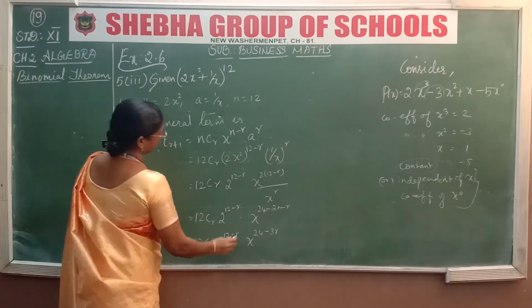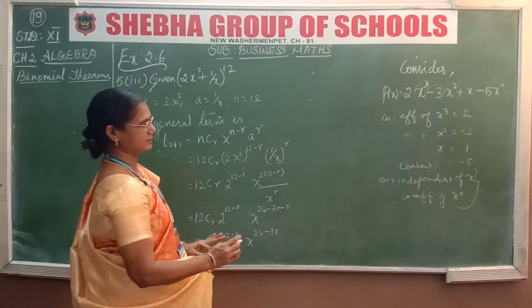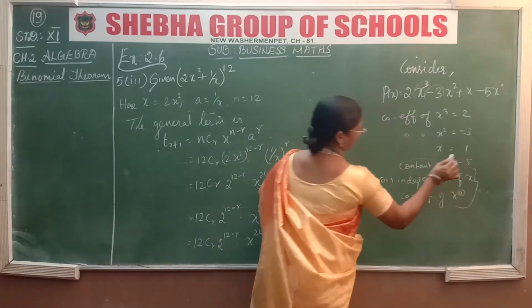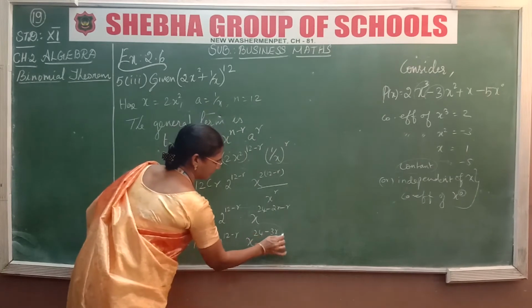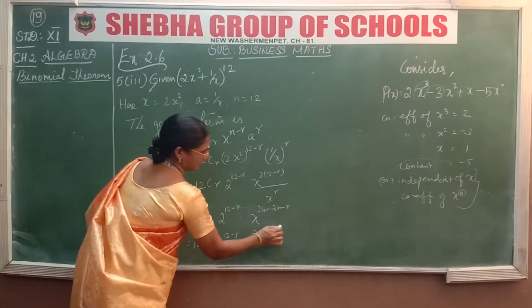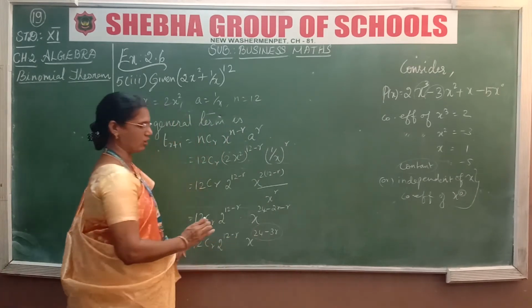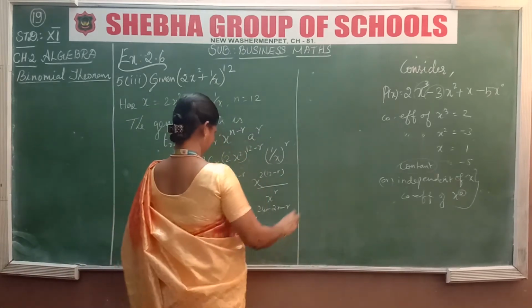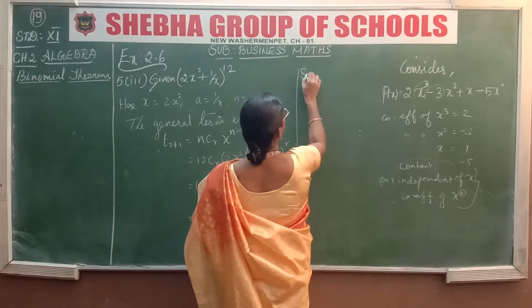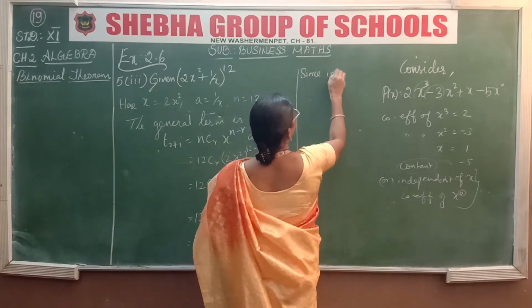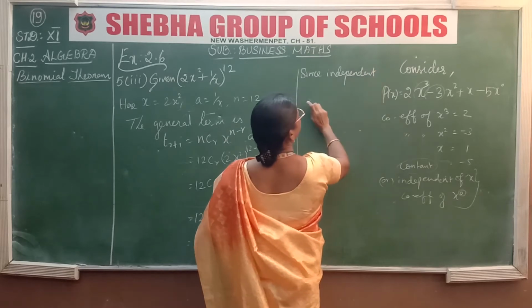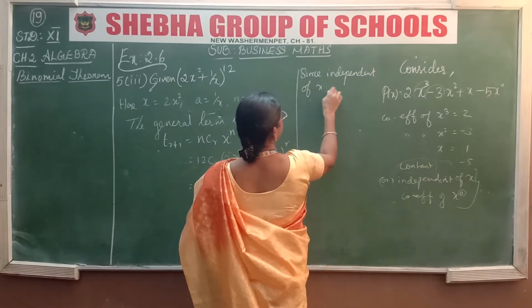Okay, we want independent of x, which means we have to equate the x power to 0. This is our x power, that is 24 minus 3r. We equate this to 0 and we get the r value. Since it is the independent of x term, isn't it?